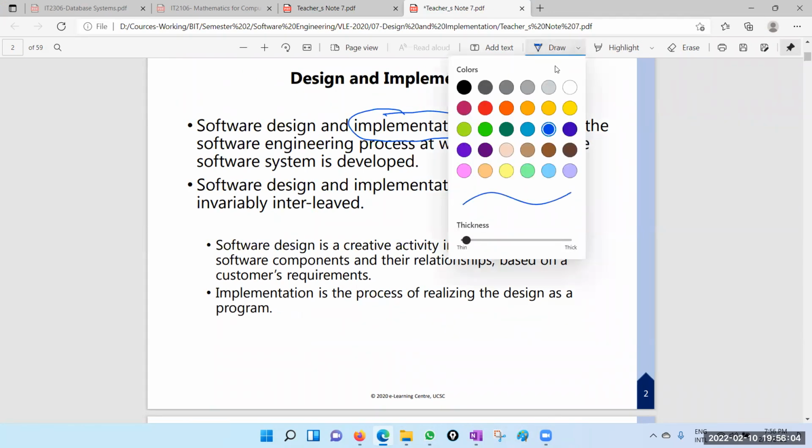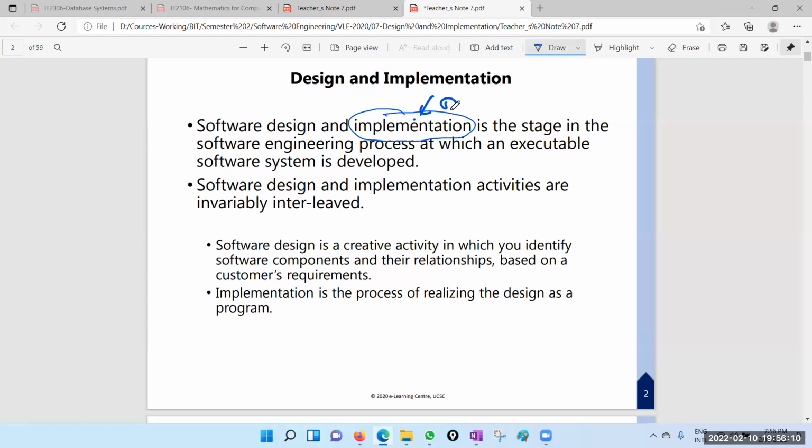Here, when they refer to implementation, they refer to development. In a lot of books, they call it design and development, and they refer to implementation as deployment. Different people use different terminology, but here, when they say implementation, what they mean is development.